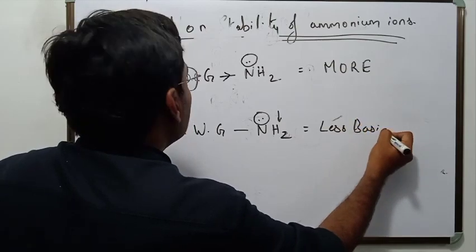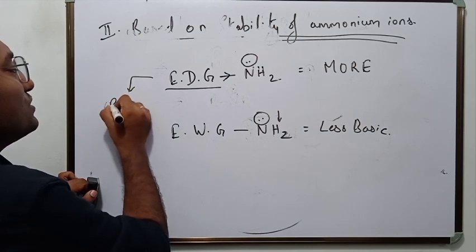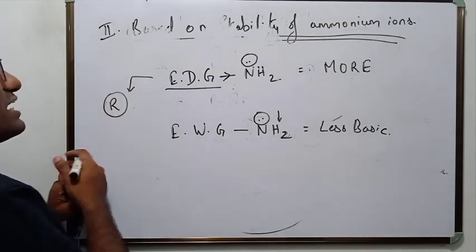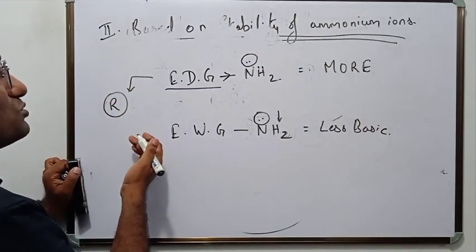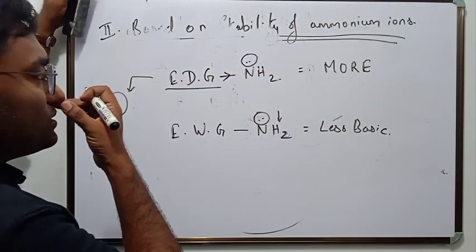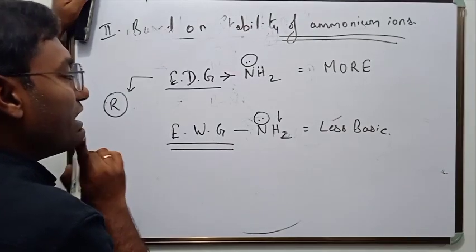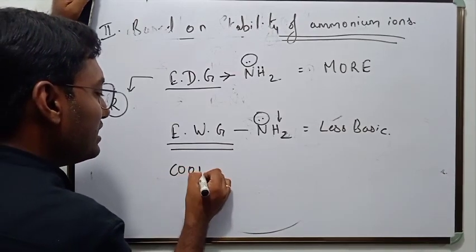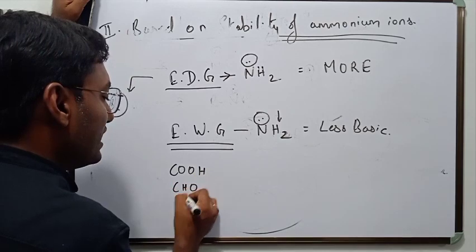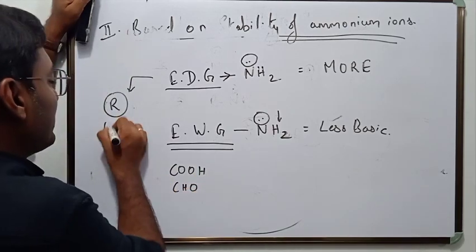Examples of electron donating groups are alkyl groups, right? There are other groups also which can donate electrons. Examples of electron withdrawing groups are COH, CHO, ester groups, and here you can write the OH group also.